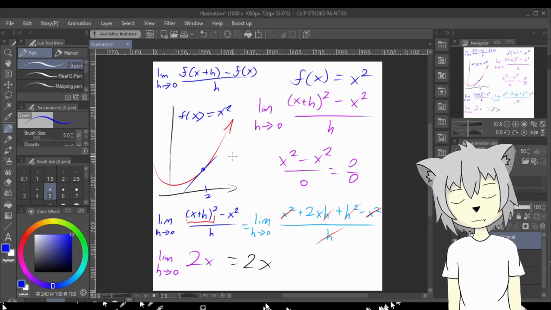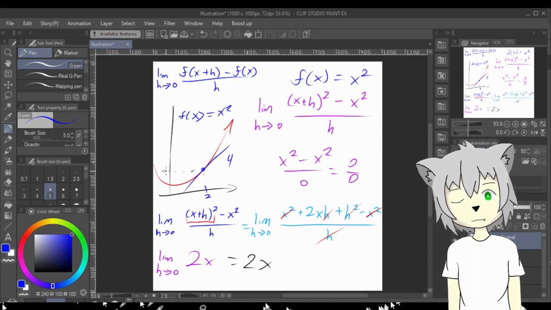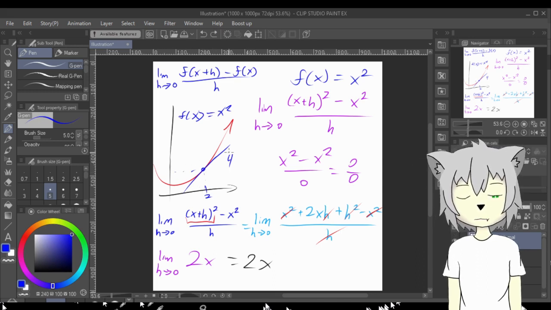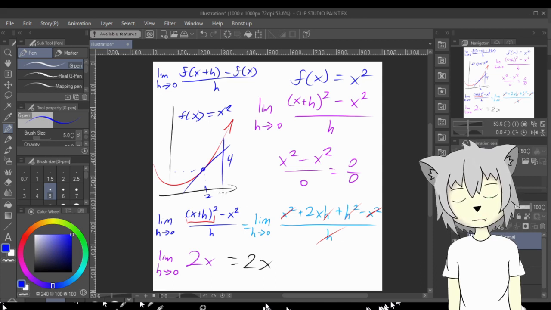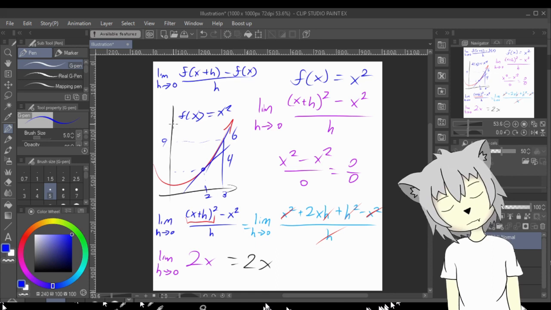The derivative of f at 2 is basically 4. Of course, that also happens to be what the y value at that point equals, but for 3, the slope would be 6 and the value would be 9.